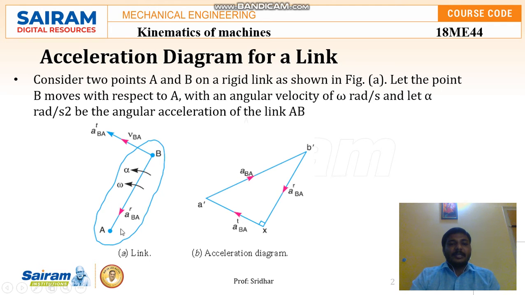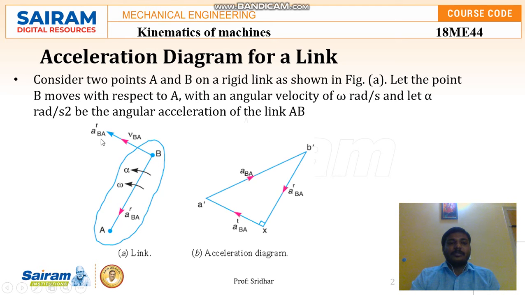To find this angular acceleration of the link, first we need to fix the two points on the link, both A and B, and B will move with respect to A with an angular velocity.